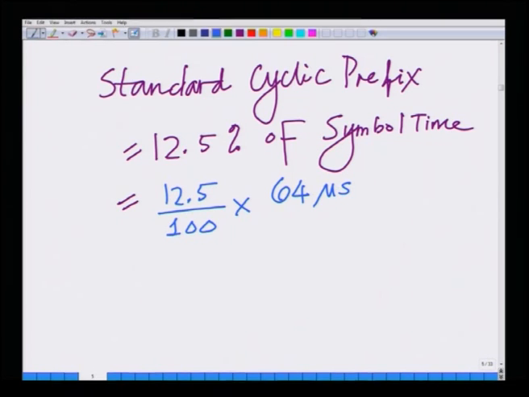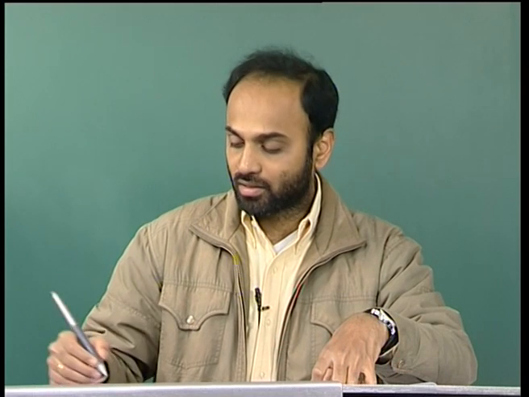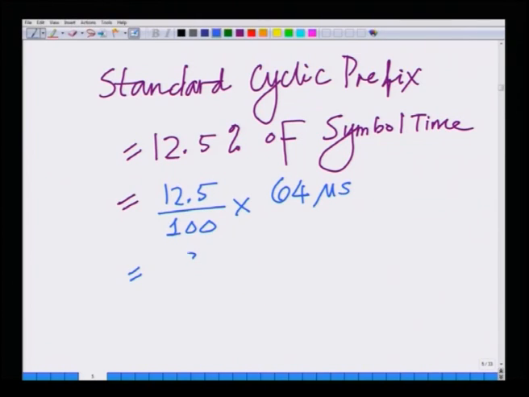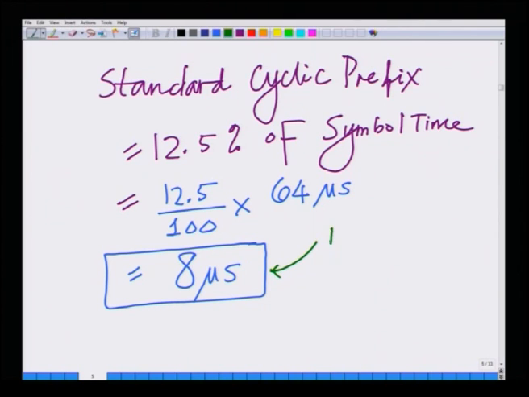That is essentially 12.5% is nothing but 1/8, which is 8 microseconds. Hence, this is nothing but the duration of the cyclic prefix.